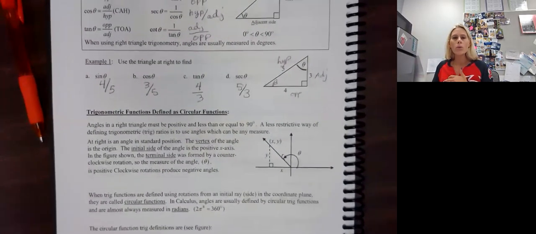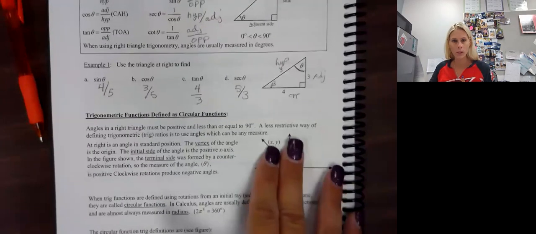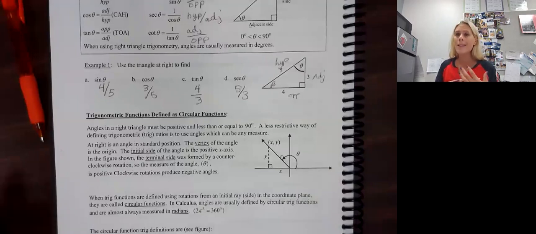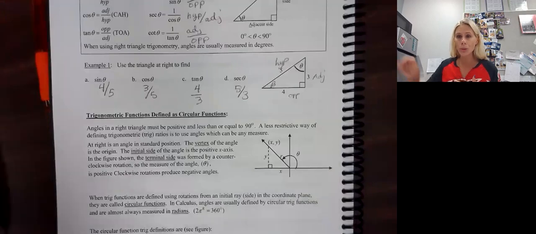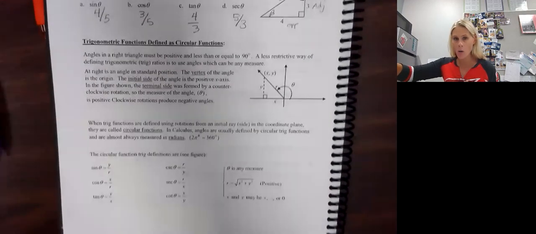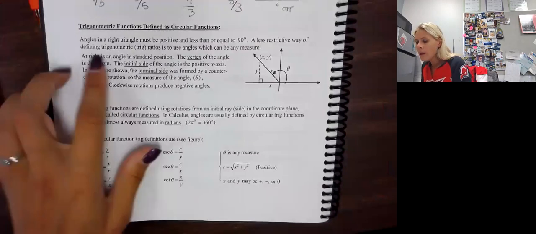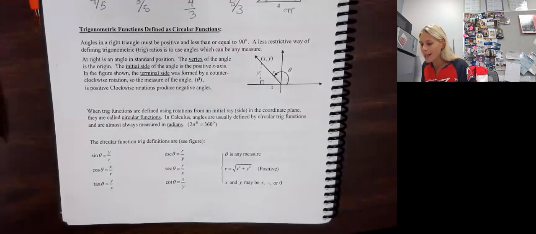Now, when you do trigonometry, or the functions, usually it's around that unit circle. And they talk about vertex, initial side, terminal side, all that stuff. Not many teachers introduce the trigonometry like that, so make sure you pay attention to some of the things I'm talking about if you've never seen it this way. So, angles in a right triangle must be positive and less than or equal to 90 degrees.